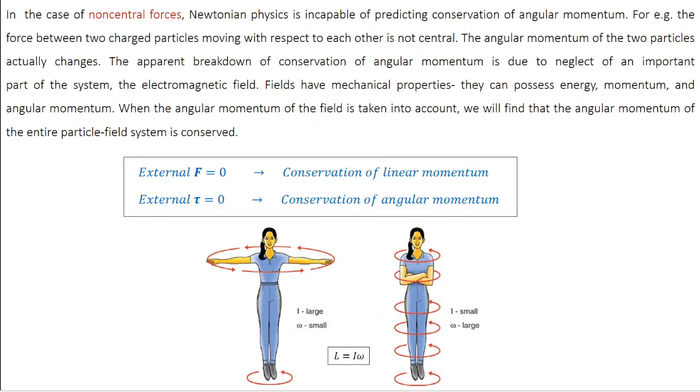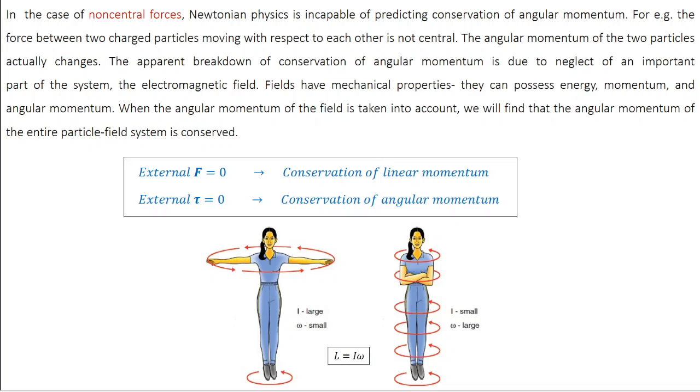For example, if you consider the force between charged particles which are moving with respect to each other, here the force is not central. So if you look at the angular momentum of the two charged particles, you find that it keeps changing and is never a constant.